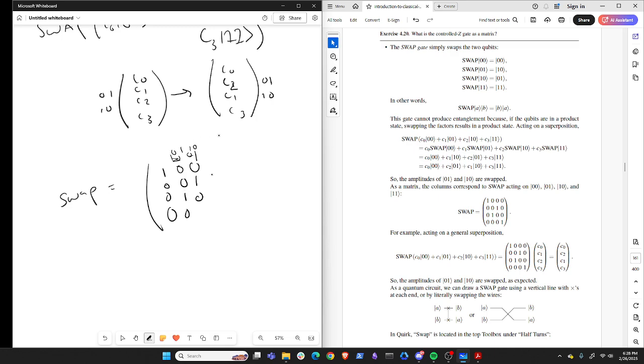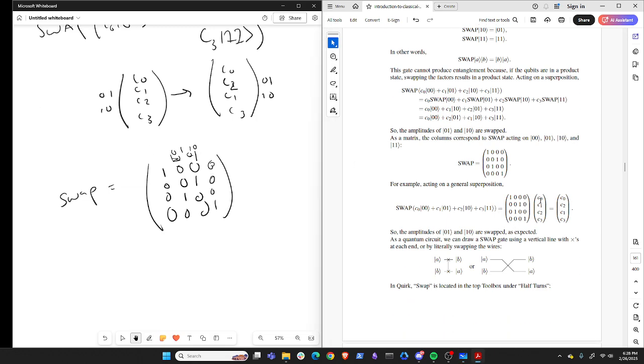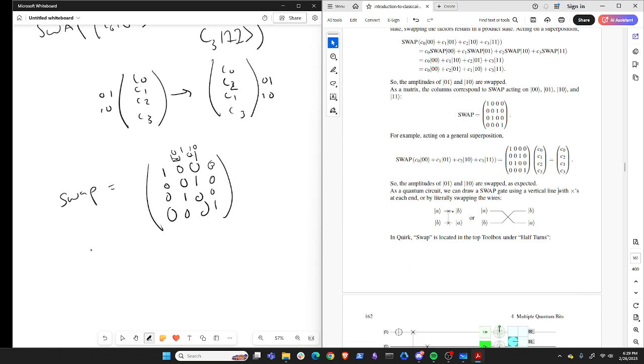When we apply this to our amplitudes, we would find that these have been swapped. Yeah, so you can see once you multiply this matrix by the original amplitude vector, it just switches these middle two around. This is often drawn as this, or like this thing.